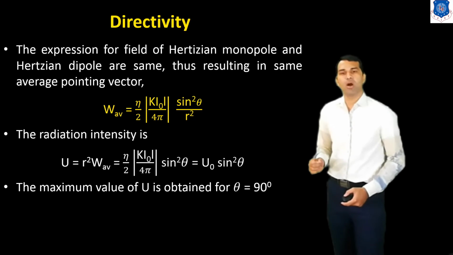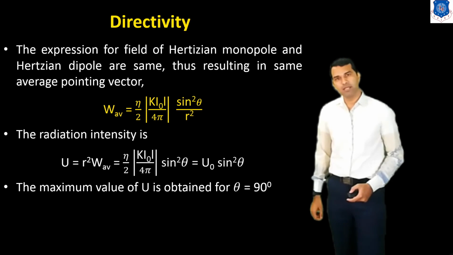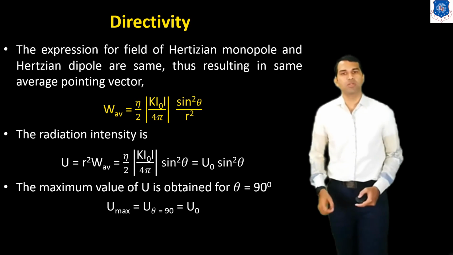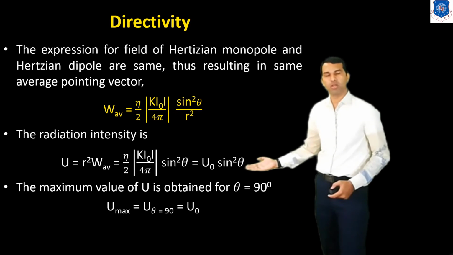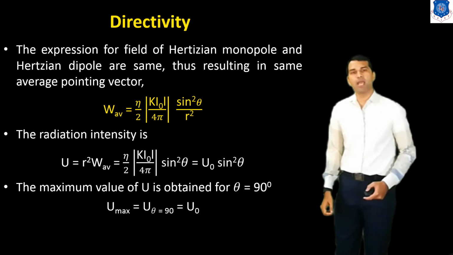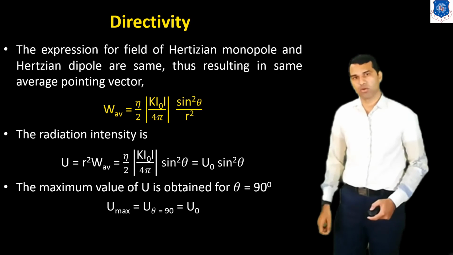The maximum value of U is obtained when theta is equal to 90 degrees. So when we substitute the value theta equal to 90 degrees in this equation, we get U maximum, that means the maximum value of radiation intensity, is equal to U0.